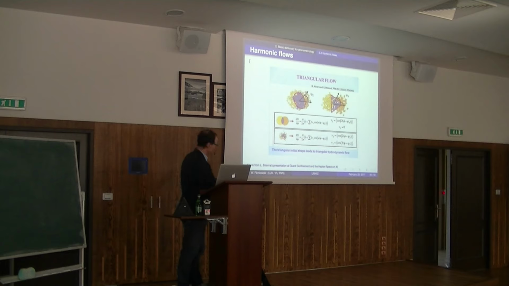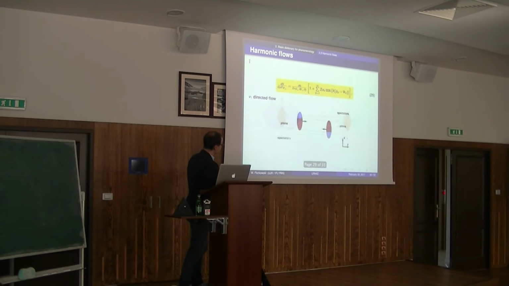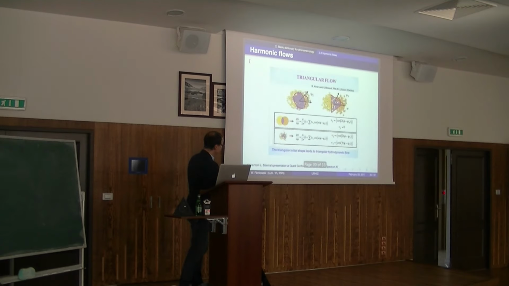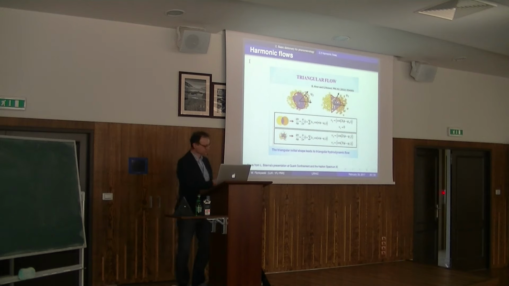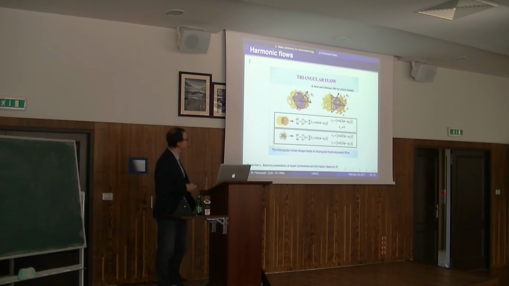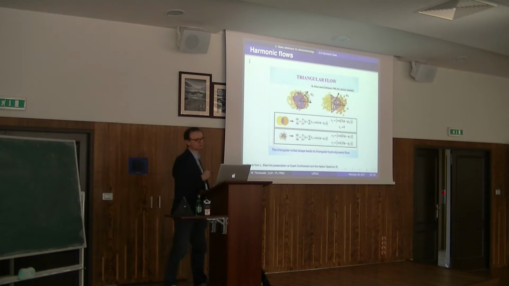So you have to make the Fourier decomposition of different configurations. And in some cases, you have deformations which look like a triangle, even for semi-central collisions. So there will also be other harmonic flows, like the triangular flow, which are due to the fluctuations.